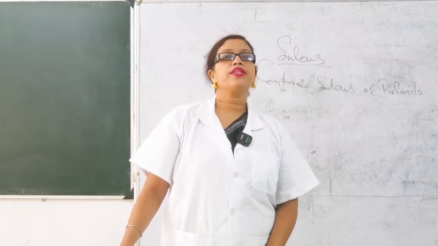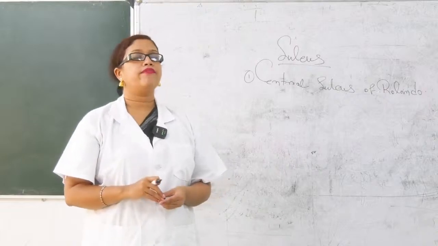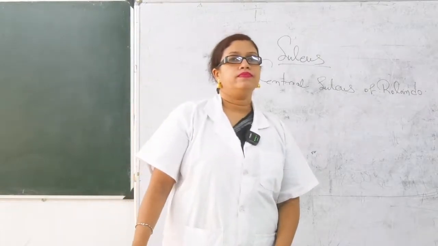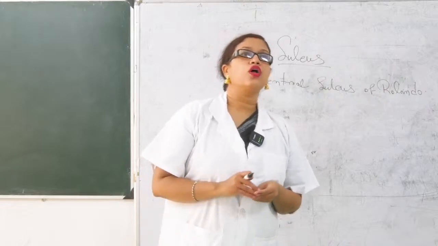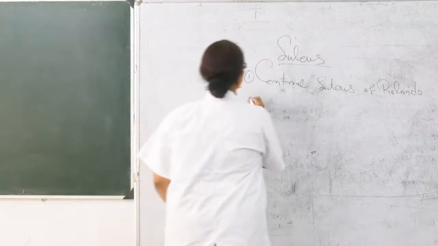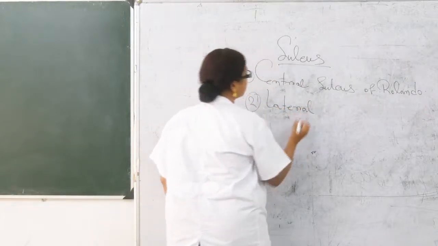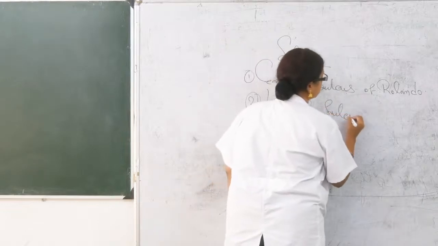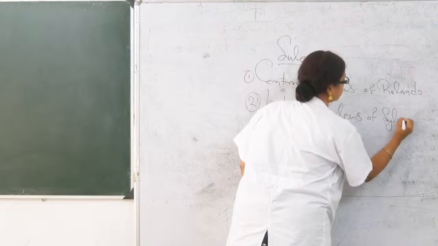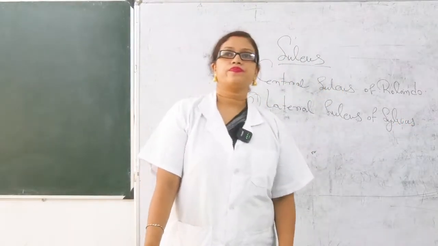Write it down: superiorly is the frontal lobe and below is the temporal lobe. This lateral sulcus is also known as the lateral sulcus of Sylvius. Very much important.